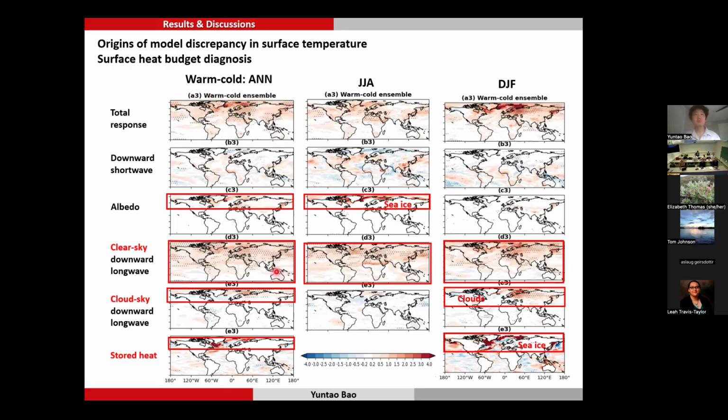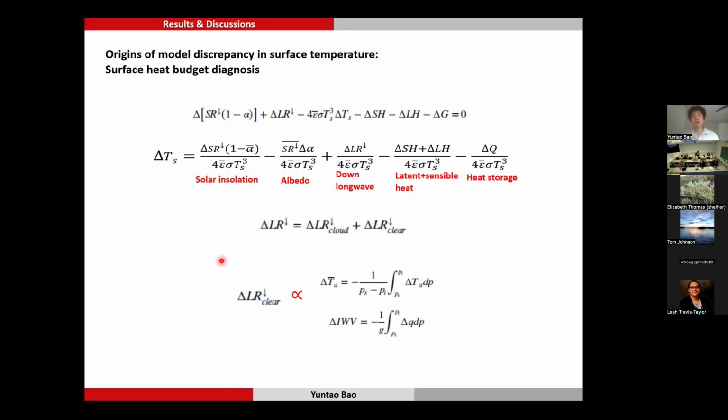We can see the most dominant contribution coming from clear-sky downward long-wave radiation. We should point out that this clear sky is so abstract. So where does that come from? Why is that the dominant one? That's because the clear-sky downward long-wave radiation is proportional to two physical processes.